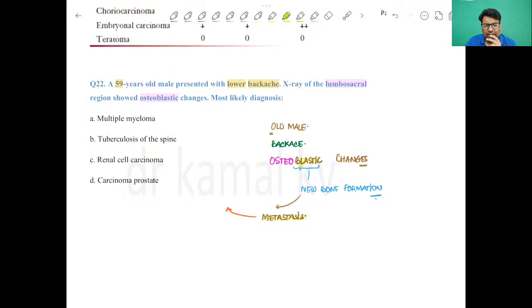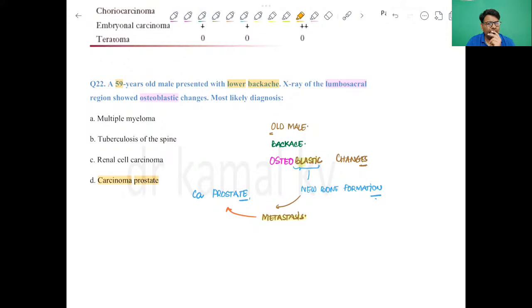In a male, which kind of tumor leads to osteoblastic metastasis? This is carcinoma of, which is exclusive to male. I am again repeating, exclusive to male. So carcinoma of, very good. This is carcinoma of prostate.